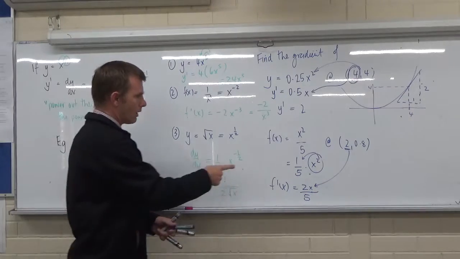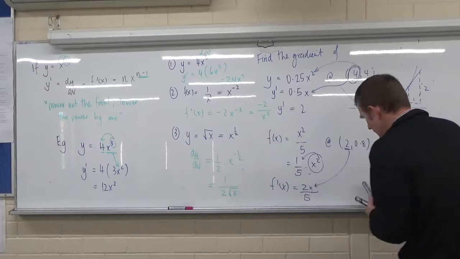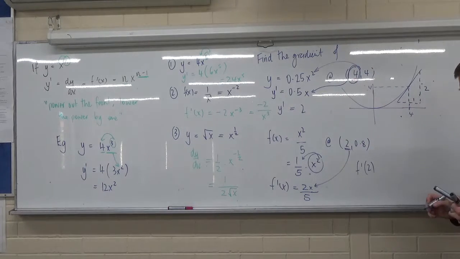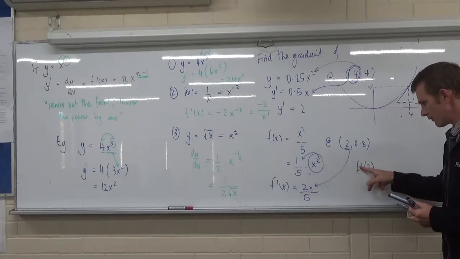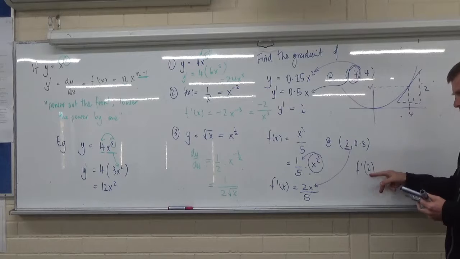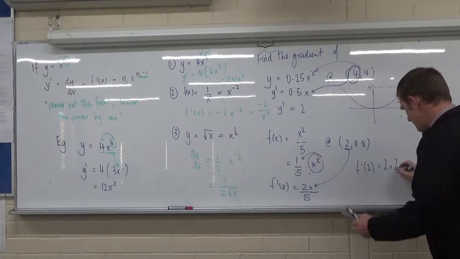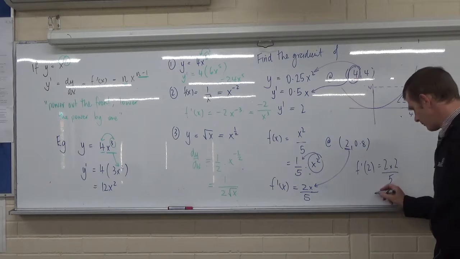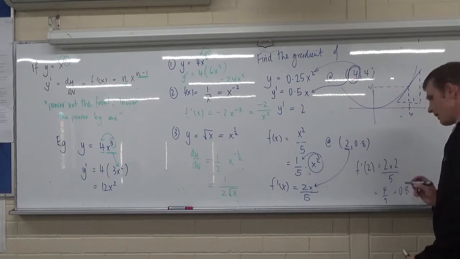A neat little way of using this notation is that I can write f dash of 2. I'm saying, what is the value of the derivative when x equals 2? That would be equal to 2 times 2, 4, divided by 5, 4 over 5, or if you like, 0.8.